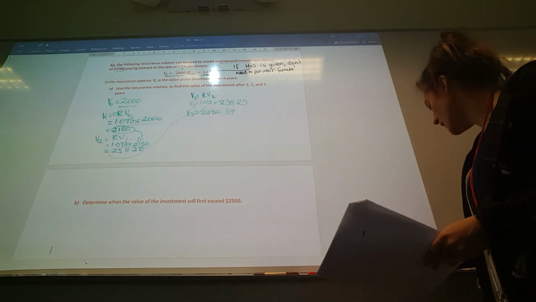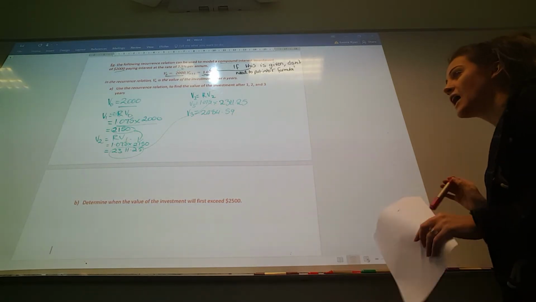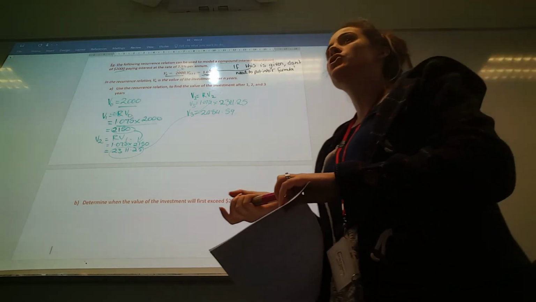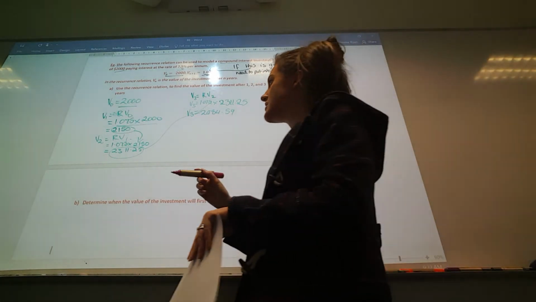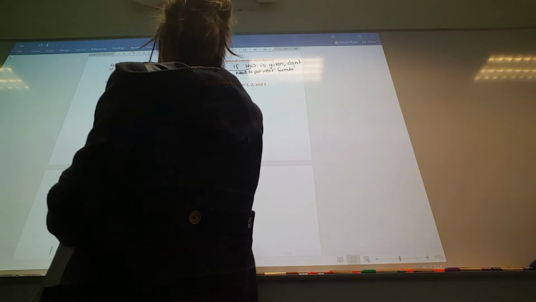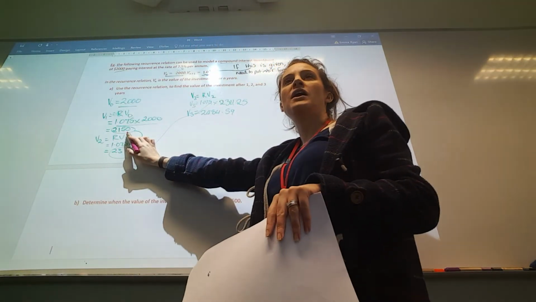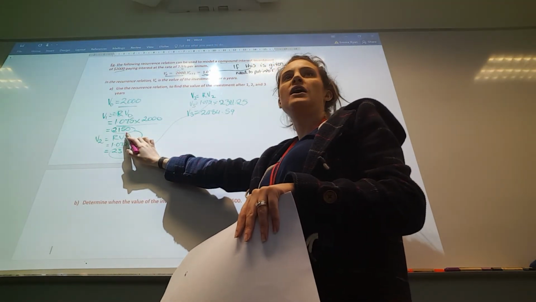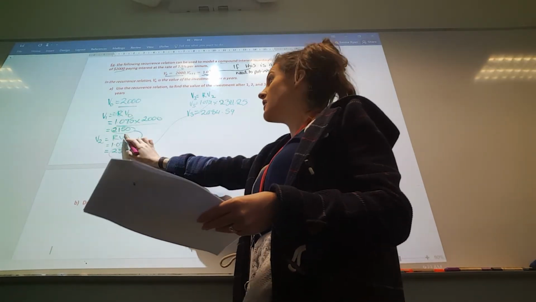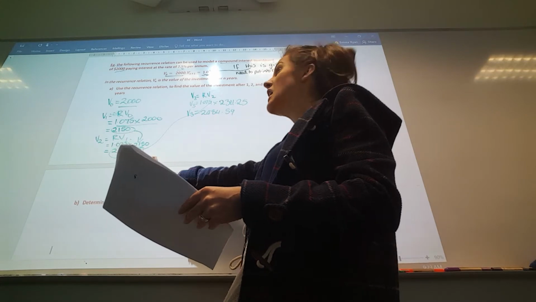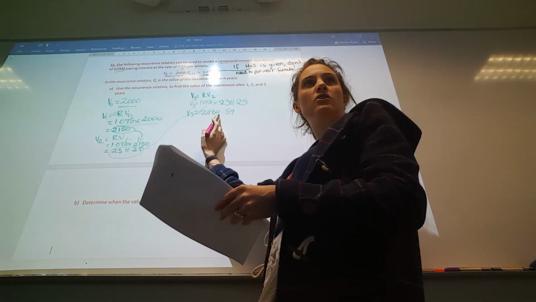So we can see with these numbers how they differ from using simple interest, and what we're increasing by. From 2,000 to 2,150, we've gone up by $150. If we were using simple interest, the next one would be up by $150, then the next one would be up by $150.